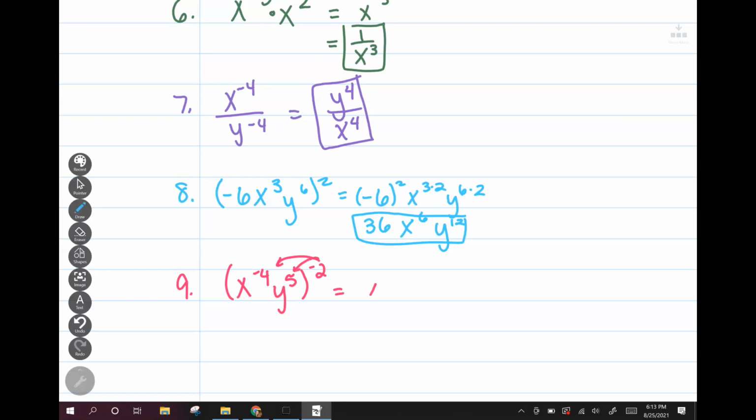Remember, when you have a power to a power, you multiply, so that's going to be x to the 8, y to the negative 10. Anything with a negative exponent gets moved to the denominator. So that's x to the 8 over y to the 10. Now, there are other routes you could take, and you would get the same answer as long as you don't make any mistakes.